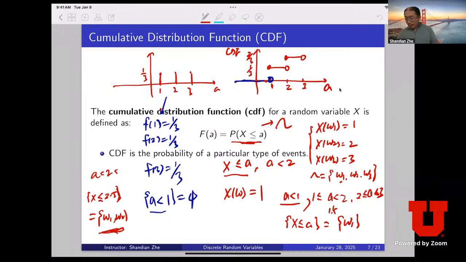Okay, and the last range we want to look into is when A is bigger than or equal to 3. So what does this event represent? Which elements in the sample space are included in this event?